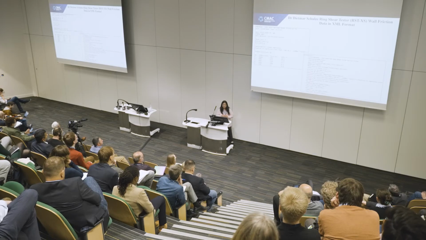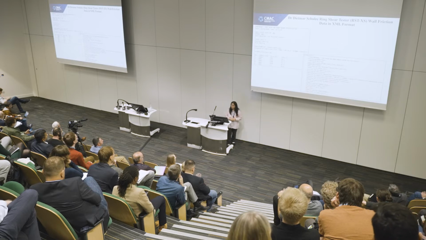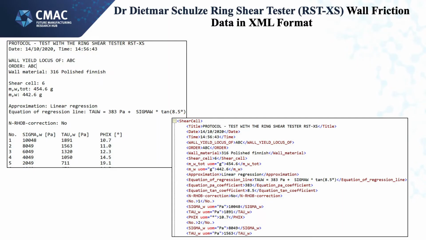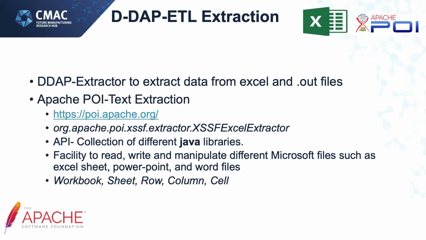Okay, so this one is data coming from the ring shear tester related to wall friction. Again, this is in text format, and we are using different APIs for converting the data into XML format.